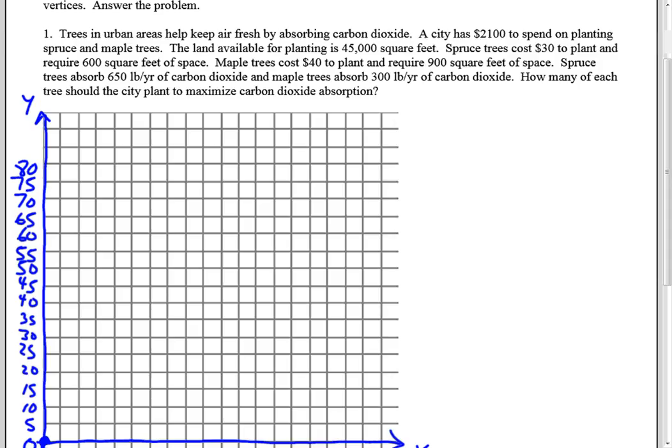What should I circle? What's being asked? How many of each tree, and then circle to maximize carbon dioxide absorption. How many of each tree?